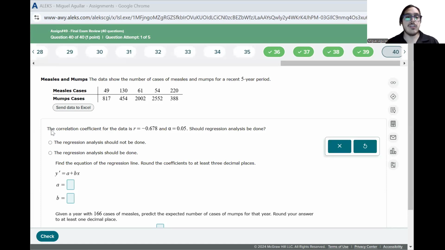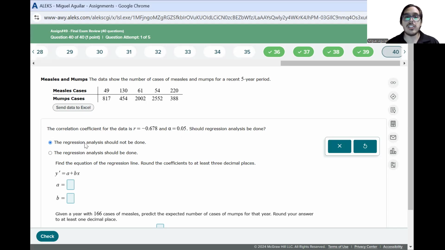So the correlation coefficient was allegedly negative 0.678. You can verify that in the calculator. And the significance level was given to us as 0.05. Our p-value was not below that threshold. So should the regression analysis be done?